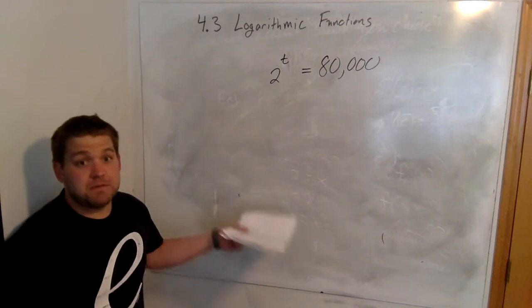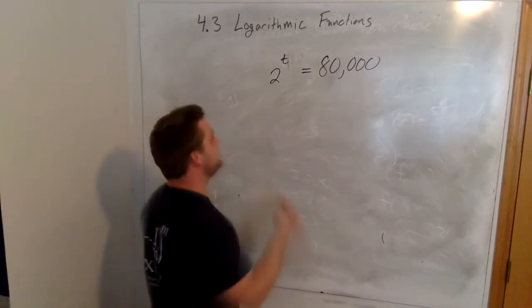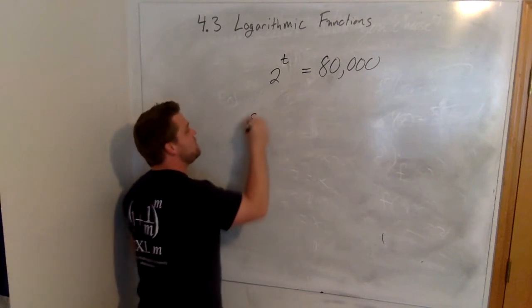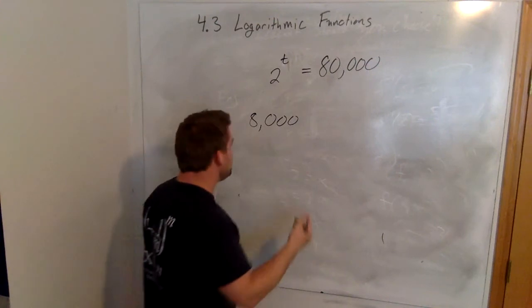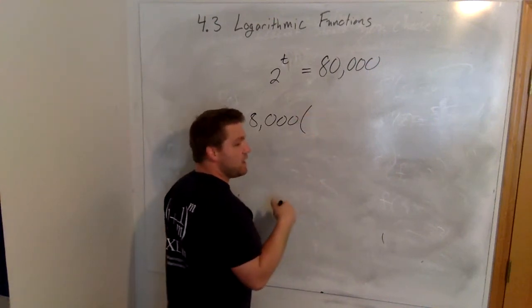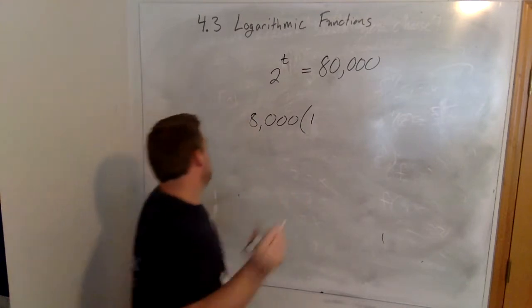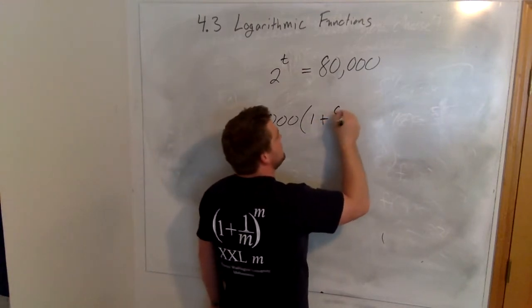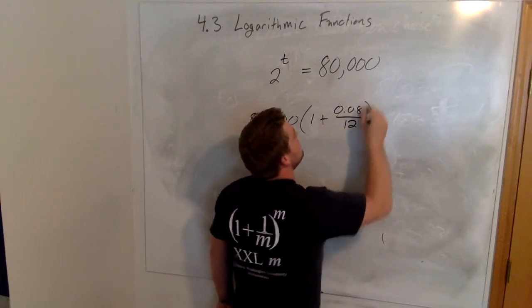We want to understand this so we could plan. Or maybe you're saving up money. Maybe you want a Lamborghini. Maybe you somehow saved up $8,000. And then maybe you find a sweet bank account that has 8% interest, and it compounds monthly.